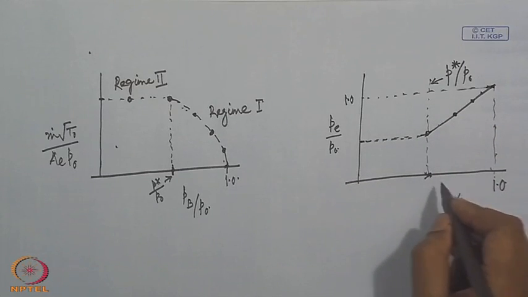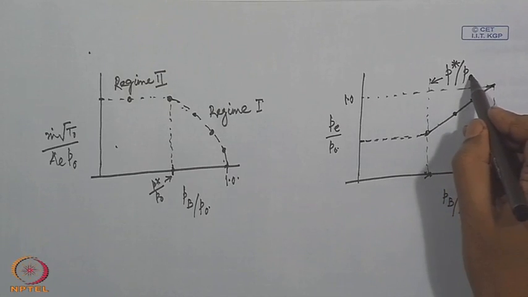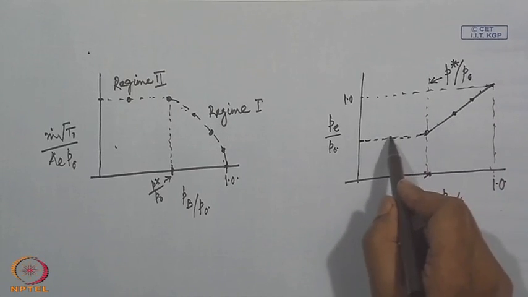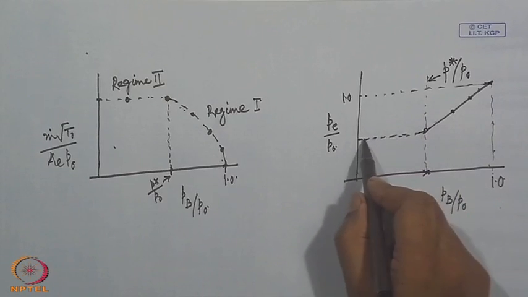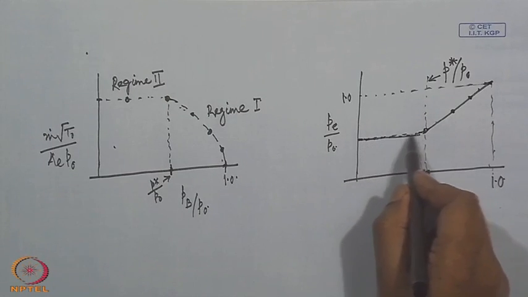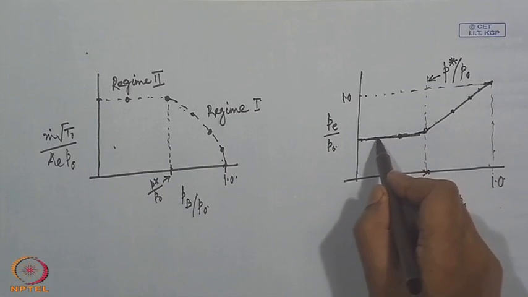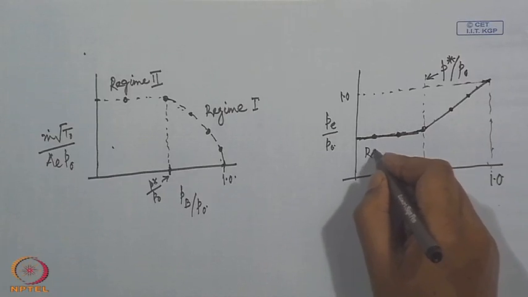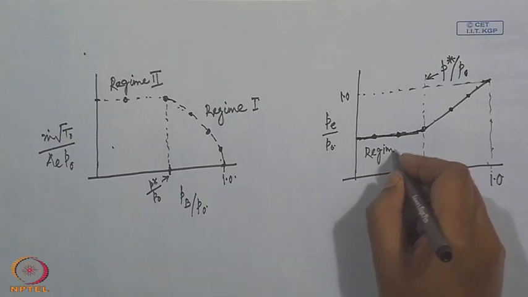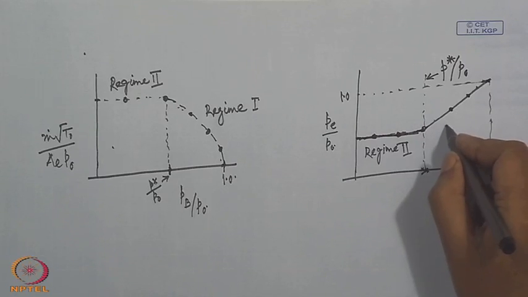However, once the back pressure reaches that P star value, then further reduction in back pressure is not going to affect the exit plane pressure, and the exit plane pressure remains constant in this regime 2, the choked flow regime and the unchoked flow regime.